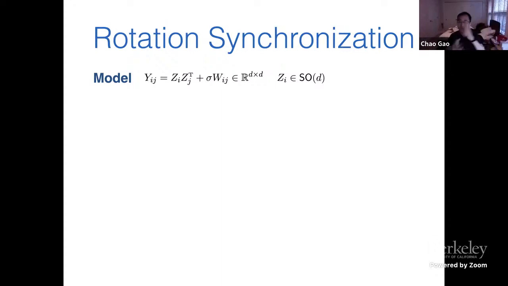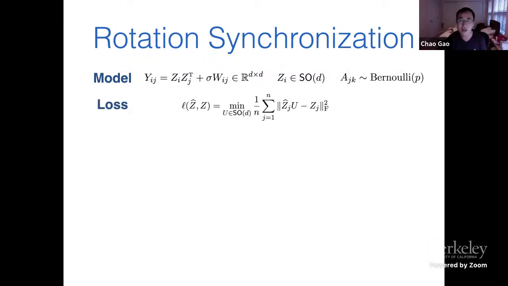Well, I don't think this is a trivial extension because we know that for SO(d), the group is not commutative as soon as d is at least 3, okay? So this is actually the main difficulty for the generalization.